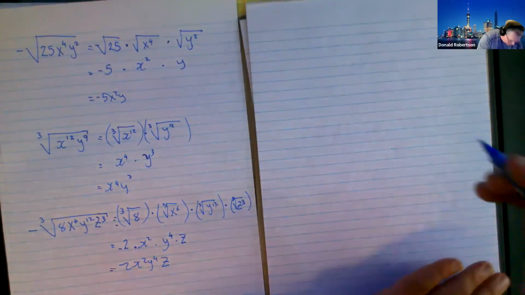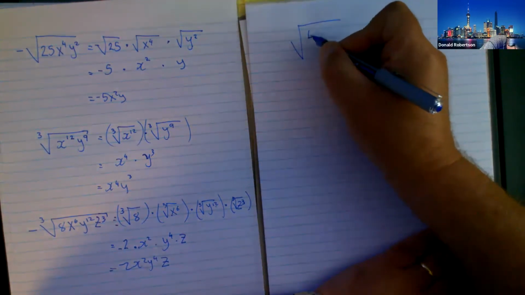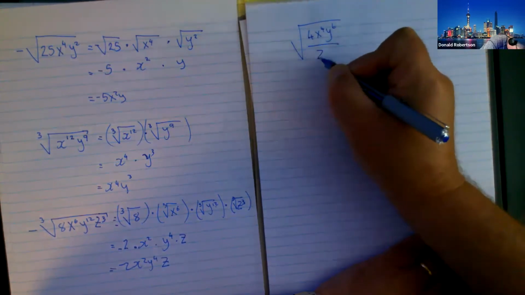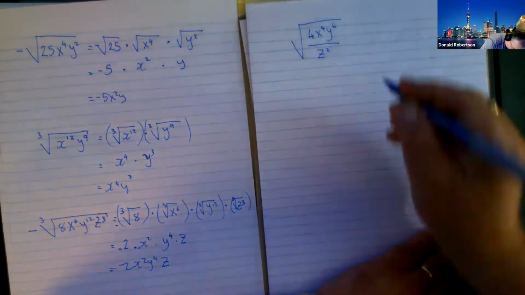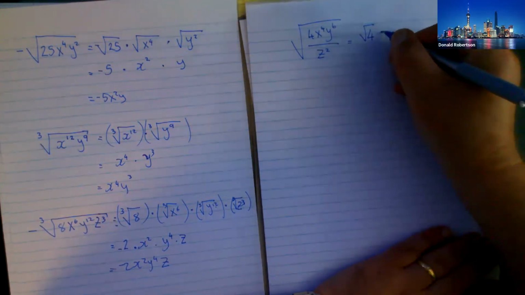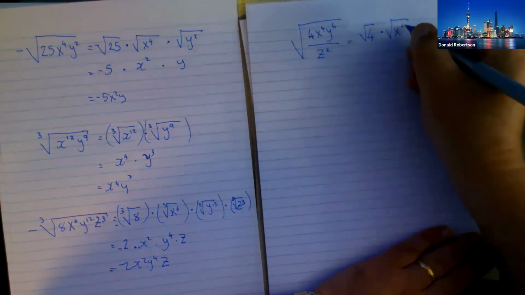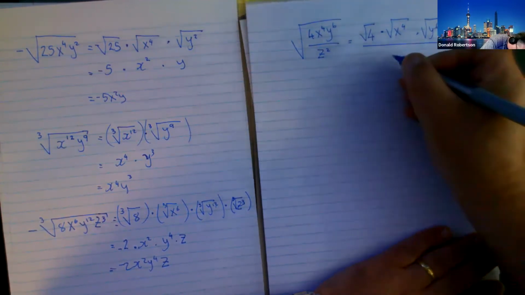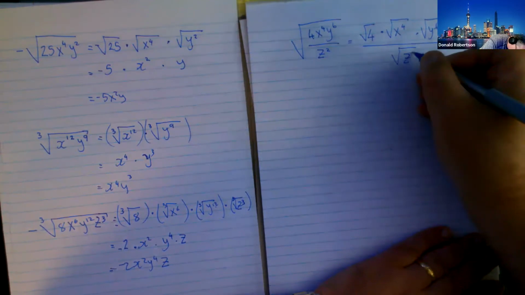What adaptation do we do if it's the square root of 4 x to the 4 y to the 6 over, say, z squared? Well, you split it into square root of 4, square root of x to the 4, square root of y to the 6, all over square root of z squared.